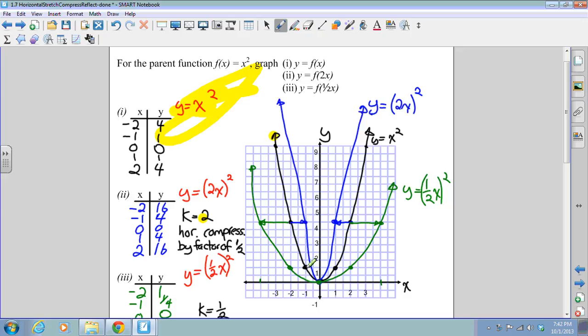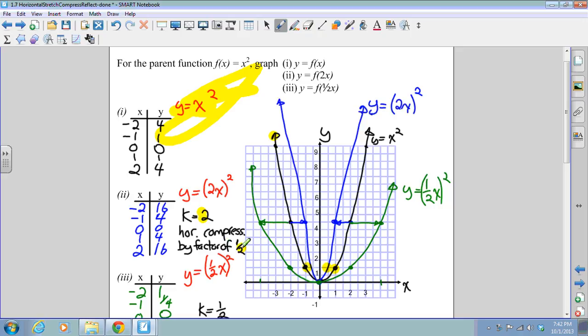If we take a look at our key point on the positive side, where x is 1 and y is 1, it's now x is 1/2. So what's basically happened, folks, is it's gone half as much, so that's why we call it a horizontal compression. And whenever you have a k factor, you put it 1 over the absolute value of k, so that's why it's going to be by a factor of 1/2.